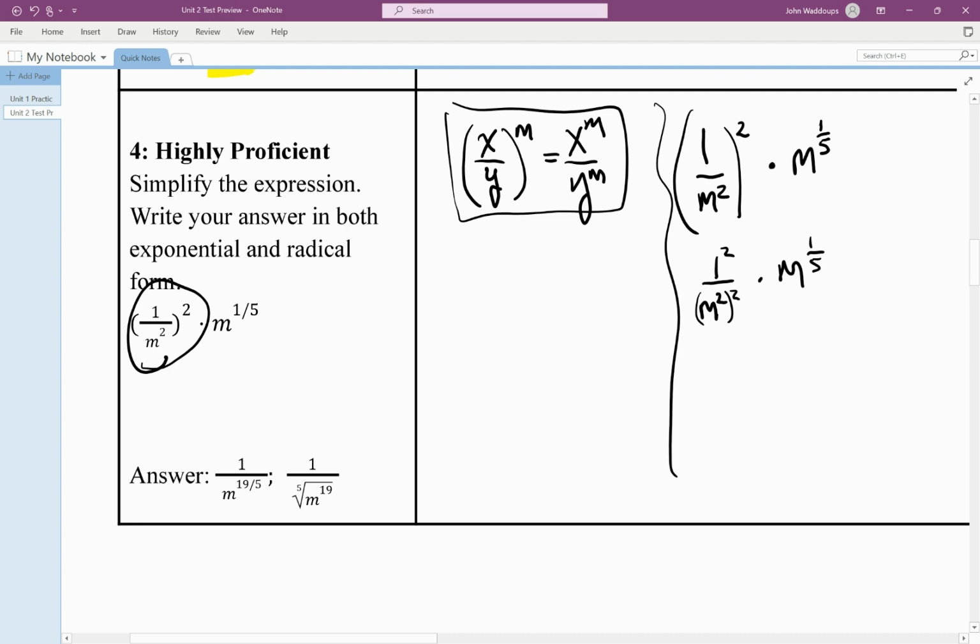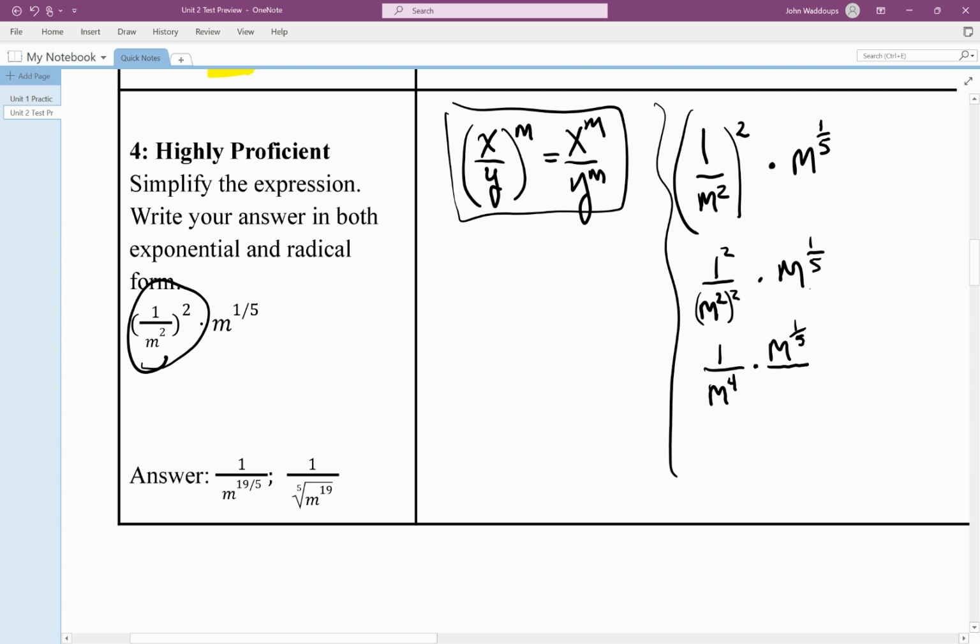And so here I've got, let's simplify this. 1 squared is just 1 times 1, 1 times itself 2 times, so that's 1. And m squared raised to the second power, that's m to the fourth power. Times m to the 1/5 power, and all of that is over m to the 1/5.